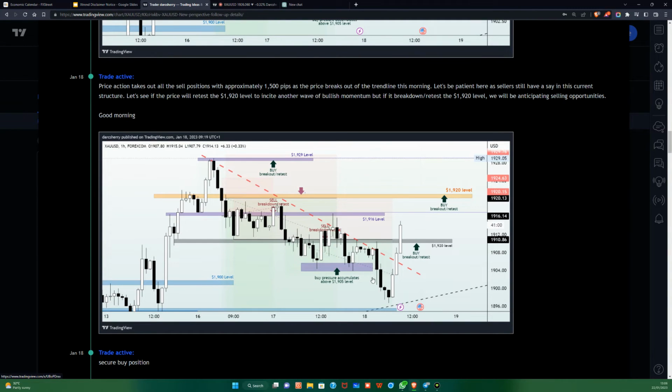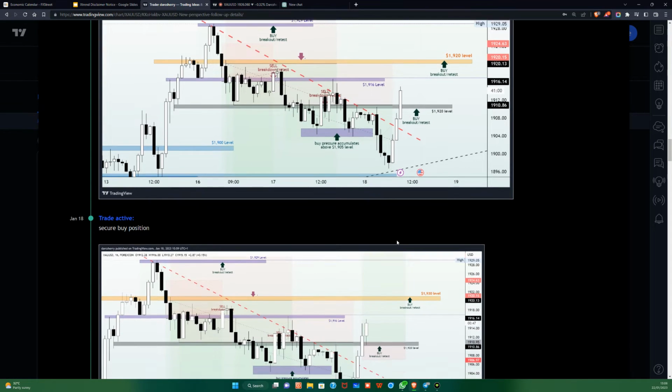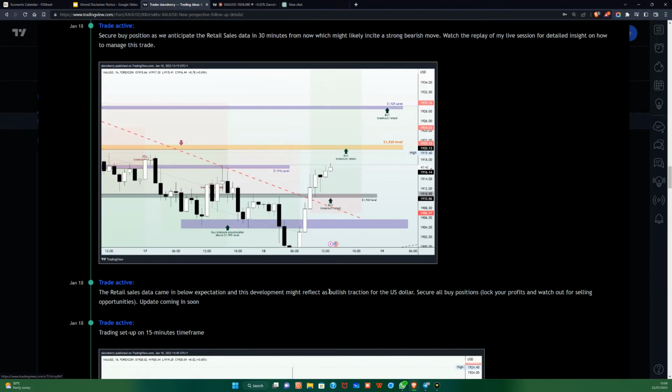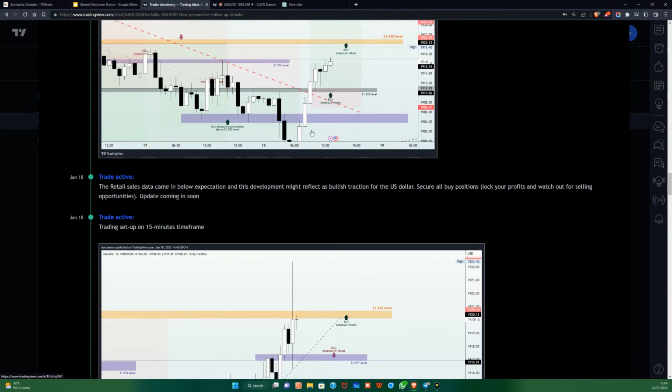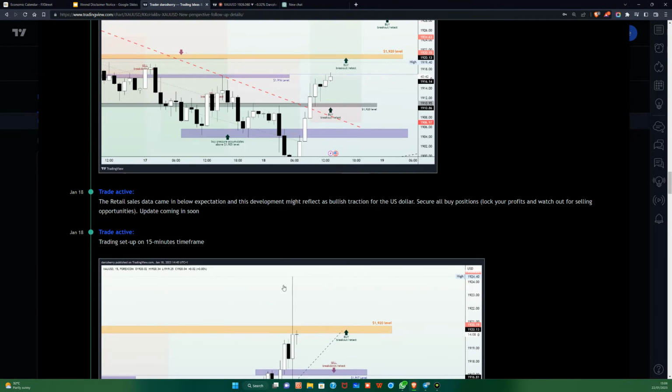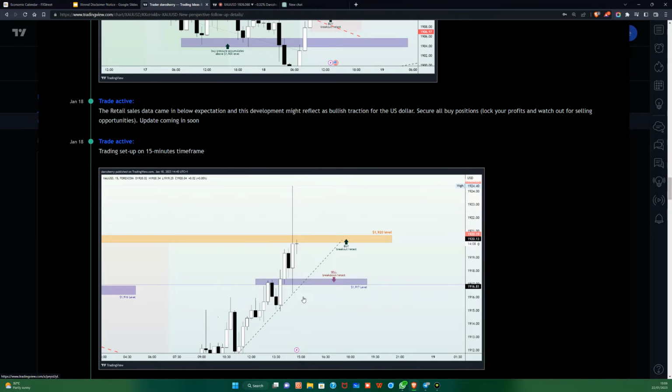But instead, we saw the breakdown of the 1905 level before a breakout of the bearish trend line happened here, and then we joined that bullish momentum after the buy position was triggered at the $1920 level. We continued to ride the move all the way up. But as soon as the retail sales data came in, we had a little volatility in the market, which took us out of all the positions we had here.